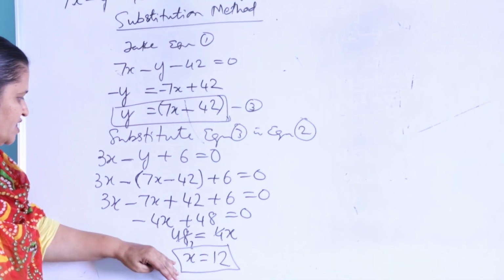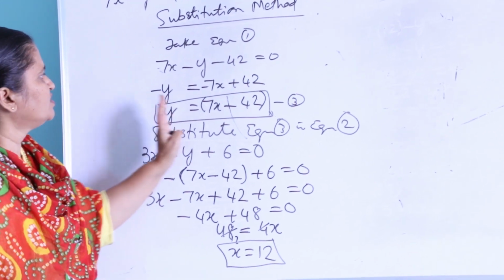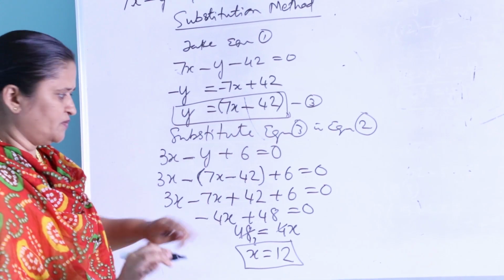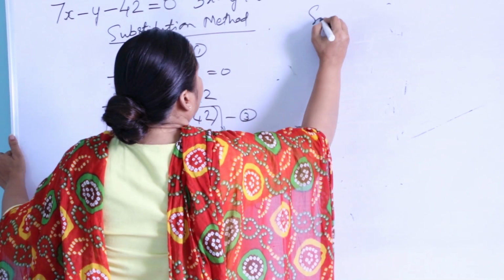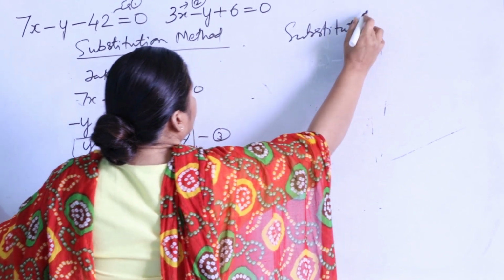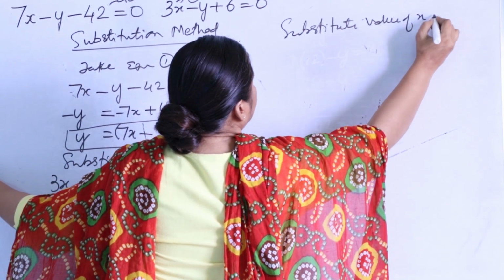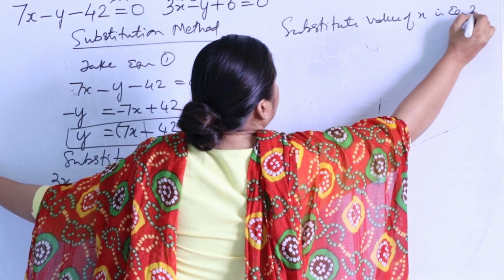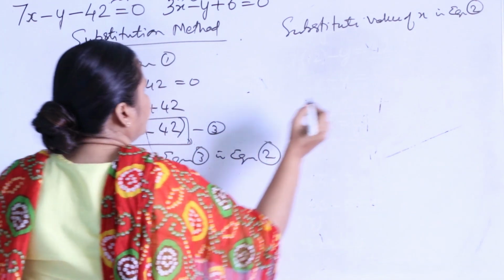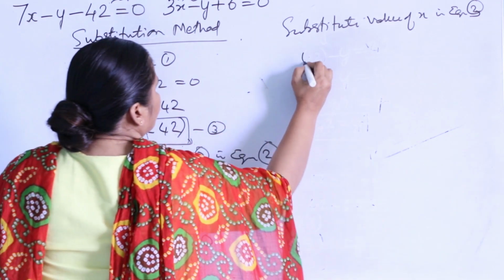Now, I am going to substitute this in equation 3 because it is ready for substitution. Again, you should use the word substitute. Value of x in equation 3, our new equation. Rewrite.